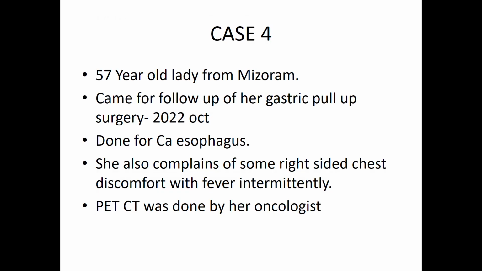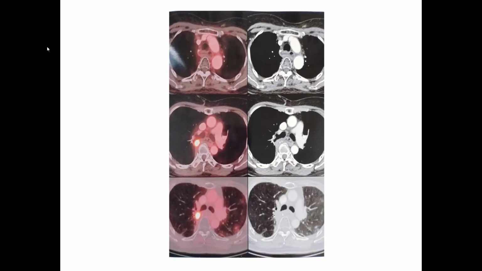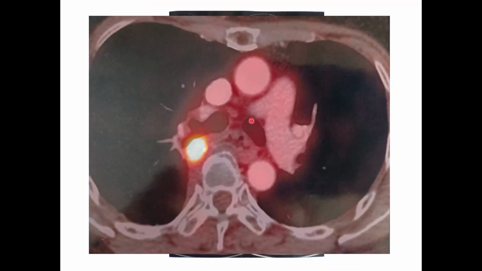So, this is another patient, a 57-year-old lady from Mizoram. She was a follow-up patient of CA esophagus. She came for the follow-up of gastric pull-up surgery. She complained of right-sided chest discomfort, and PET CT was done, where we can see there is a high uptake area, and to be more precise, this is the area.